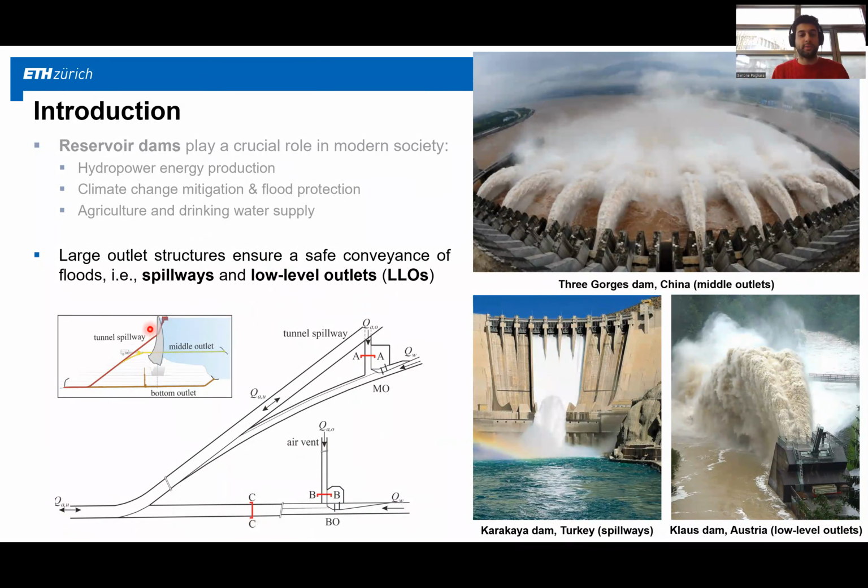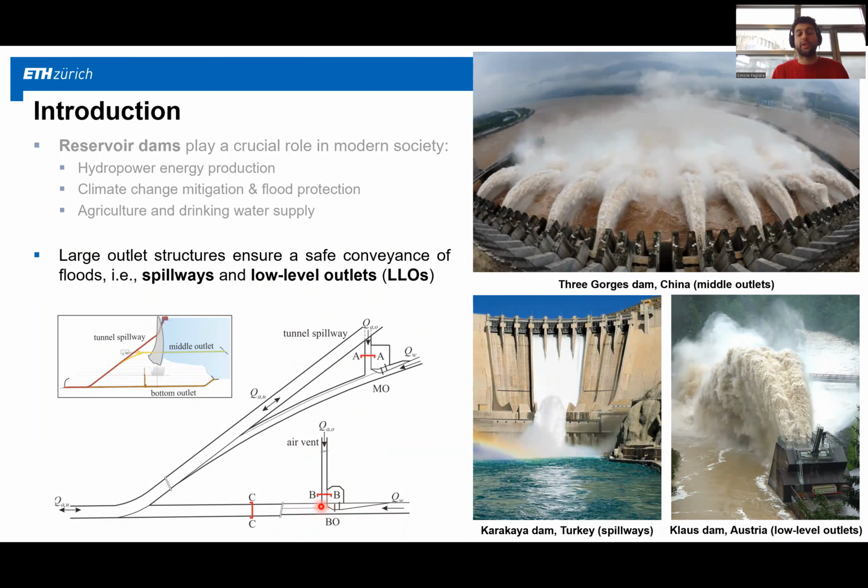For a typical dam, where this is the retaining structure, bottom outlets are located at the very bottom of the retaining structure. Let's say that the water head here is very high, and we have a pressurized flow. We have a gate chamber with a sluice gate, and here we have the transition from pressurized flow to free surface flow.